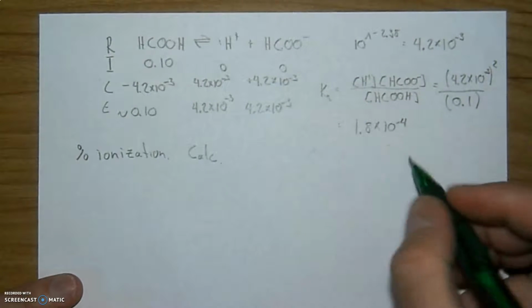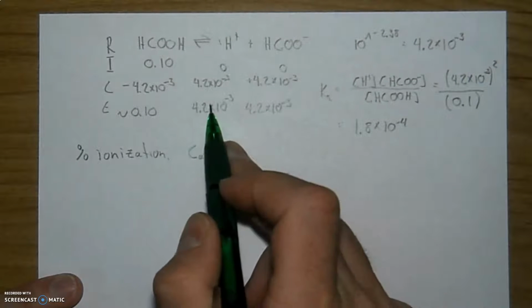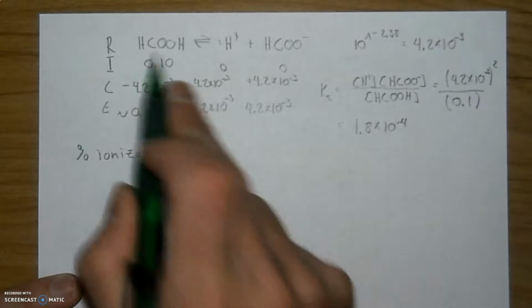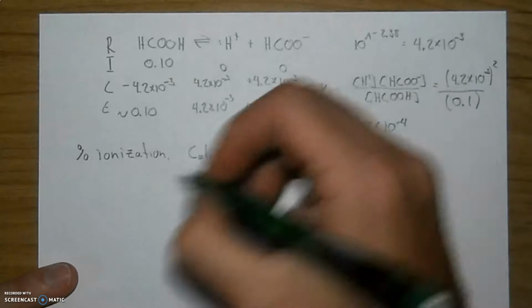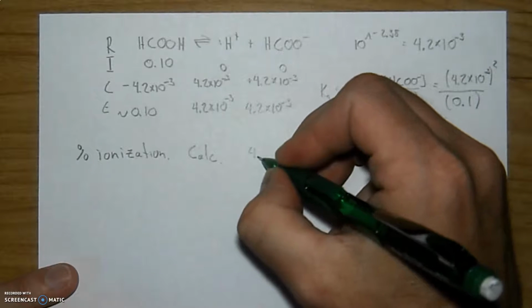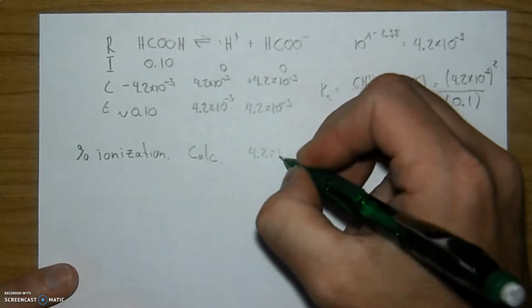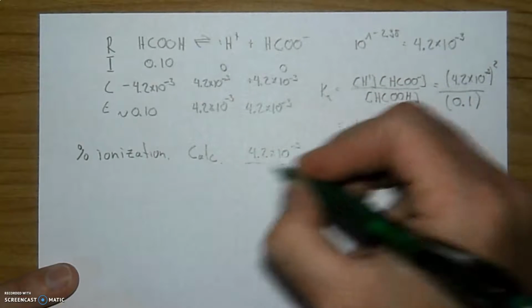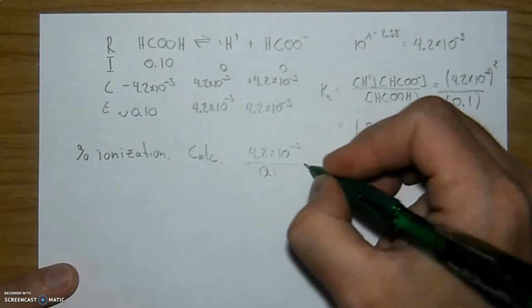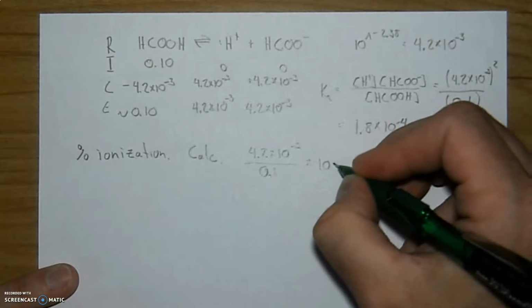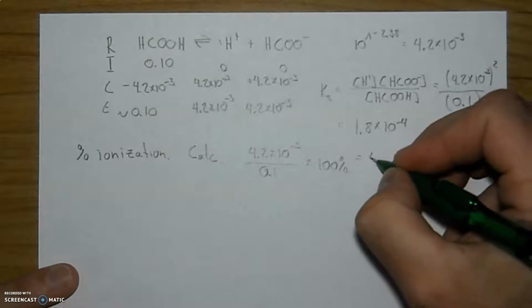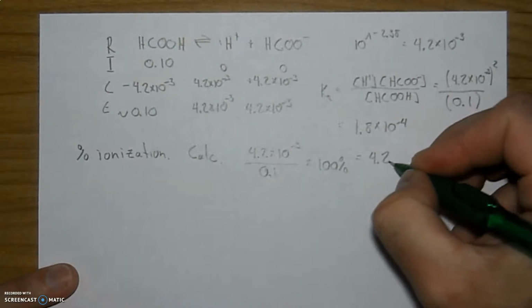So I know that this is the amount that ionized off from the original amount. We want a percent that ionized from the original. So we will simply say 4.2 times 10 to negative 3 divided by the original concentration. And I want it as a percentage, so I'll multiply it times 100%. And the answer you get is 4.2%.